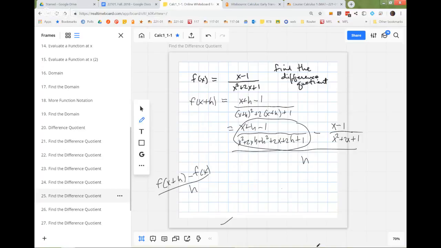In other words, I need to get those denominators the same. They're certainly not the same. So this one, I need to multiply top and bottom by x squared plus 2x plus 1. And this one, I need to multiply top and bottom by this big long thing.